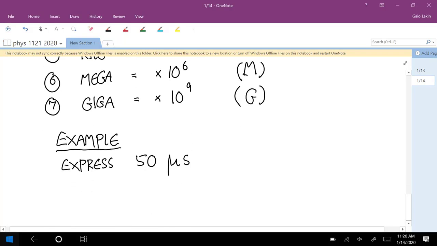Okay, so say we want to express 50 microseconds in units of gigaseconds. I don't think I've ever seen that unit, but it's a thing. So how would you do this? Well, there are 2 steps.